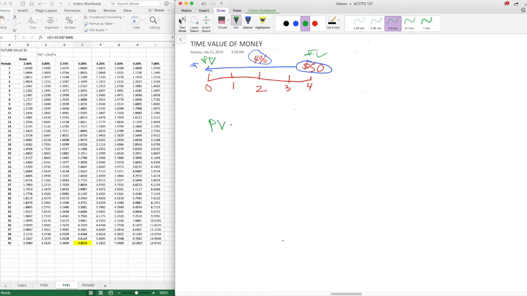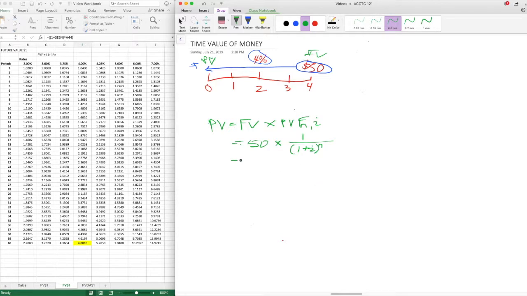Well, a present value is equal to a future value times a present value factor for a certain number of periods and a certain interest rate. So in this case, we have $50 times the present value factor. Now, present value factors look like this. So it's the inverse of future value factors.